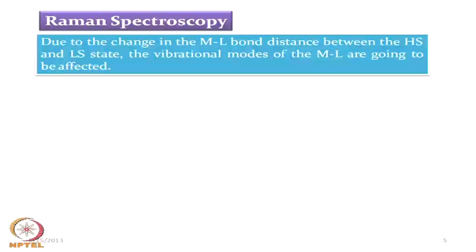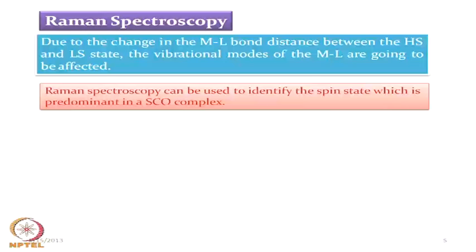So, this simple assumption is useful to tackle this complex situation for the spin crossover complexes by using Raman spectroscopy. It can therefore be used to identify which particular spin state is dominating in an SCO complex.